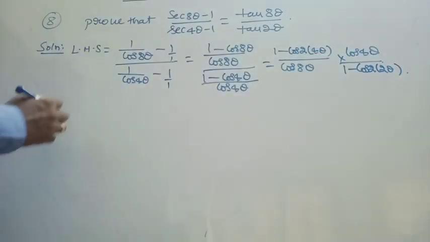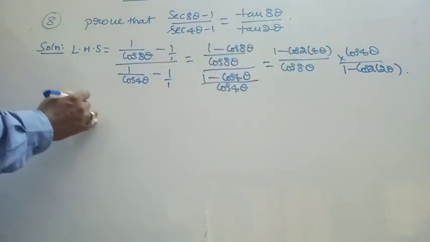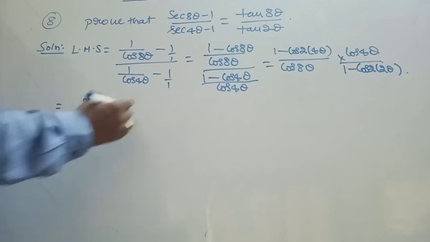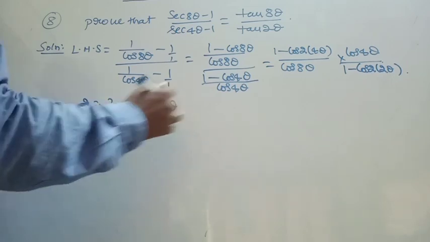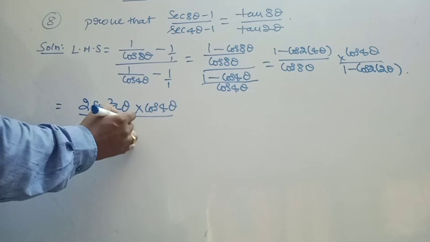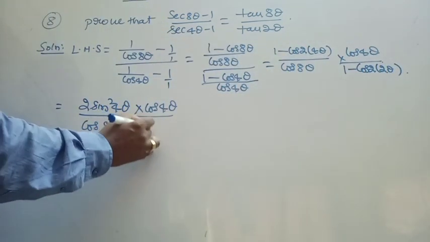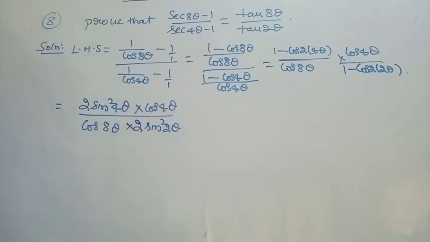Now my dear students, this is 1 minus cos 2A, that is nothing but 2 sin square A, that is now 2 sin square 4 theta into cos 4 theta divided by cos 8 theta you are having here, right, into 1 minus cos 2A, that is 2 sin square A, that is nothing but 2 sin square 2 theta, like this, right my dear students?